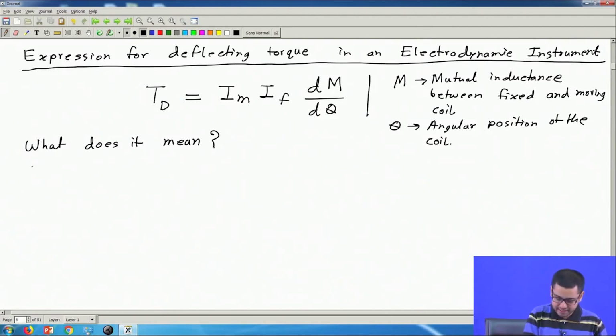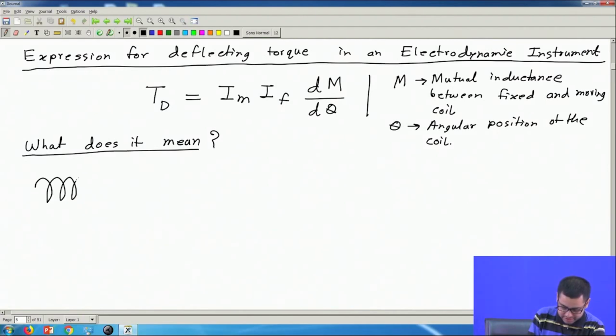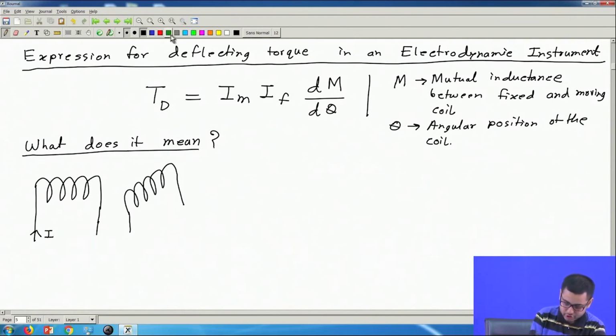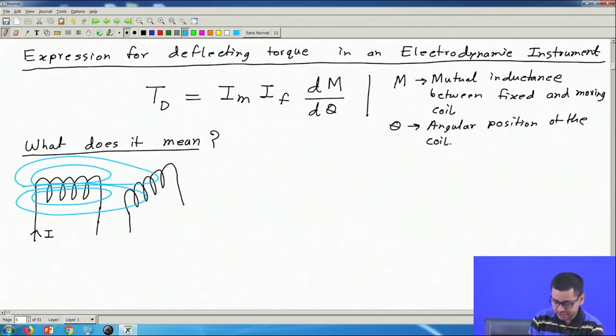Now, what is this mutual inductance? We know that if we have two coils nearby, so this is one coil and there is another coil placed near to this coil, and then if we pass some current I in this coil, it will generate some flux lines, and some of these flux lines will also link with the turns of the other coil.